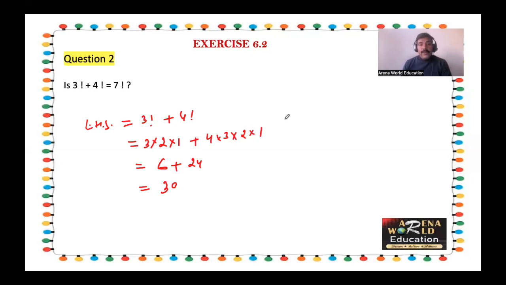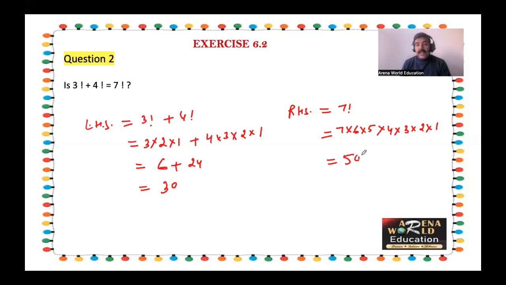Now coming to the right hand side. Right hand side is 7 factorial, and 7 factorial will be the product of first 7 natural numbers. If you multiply the first 7 natural numbers, you will get 5040.